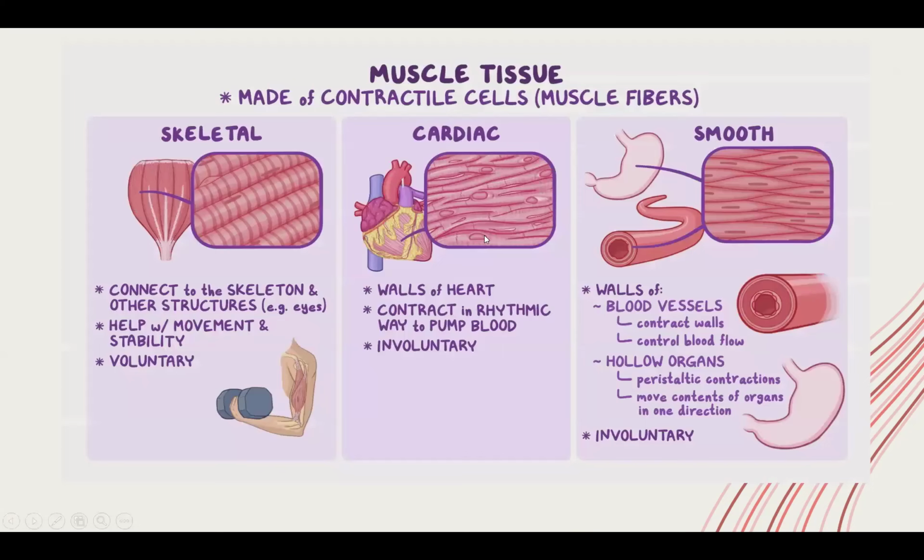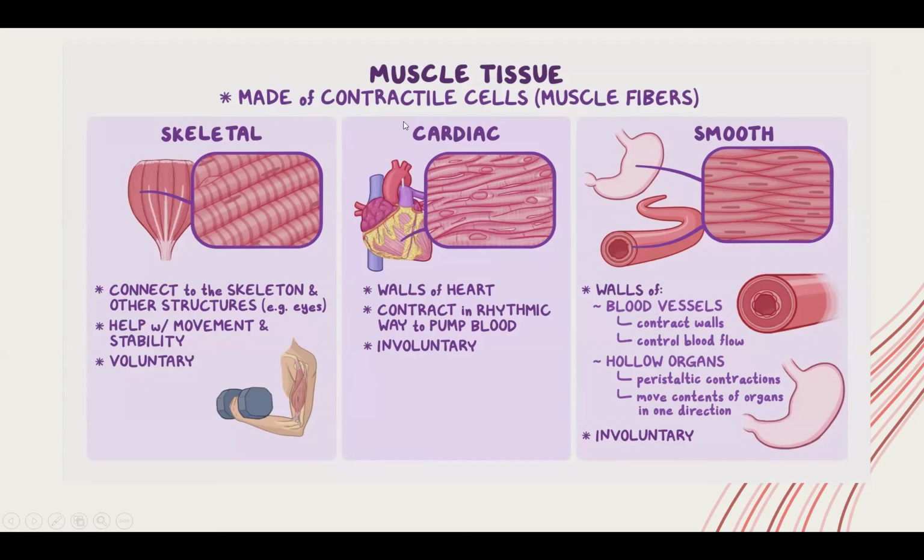Cardiac muscles make up the walls of the heart, and they contract in a rhythmic way to pump blood. Smooth muscles make up the walls of blood vessels and hollow organs, and both cardiac and smooth muscles are involuntary. Skeletal and cardiac muscles have cross striations, but smooth muscle doesn't.